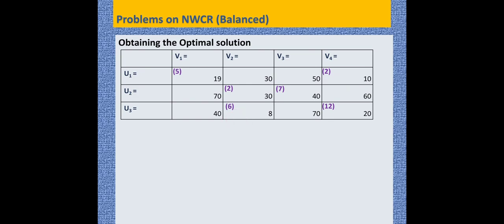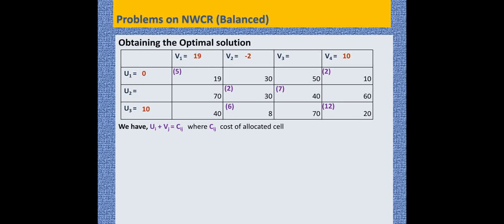Again I need to calculate the u1, v2 values and all. So u1 will be 0, v1 will be 19, and v4 will be 10 here. When v4 is equal to 10, u2 plus v4 is equal to 60, so u2 will become 60 minus 10. u3 is calculated here first. u3 plus v4 is equal to 20, so u3 will be 20 minus 10, that is 10.